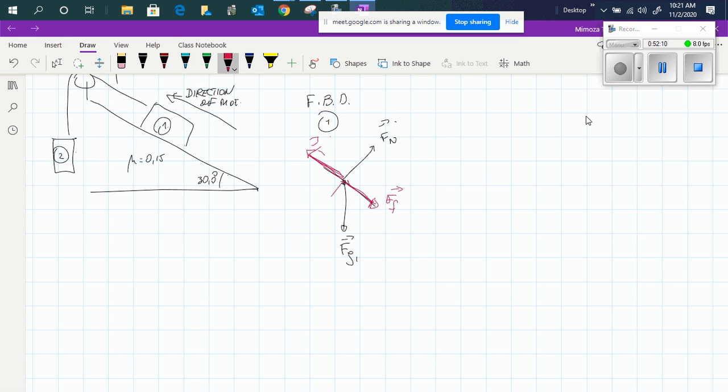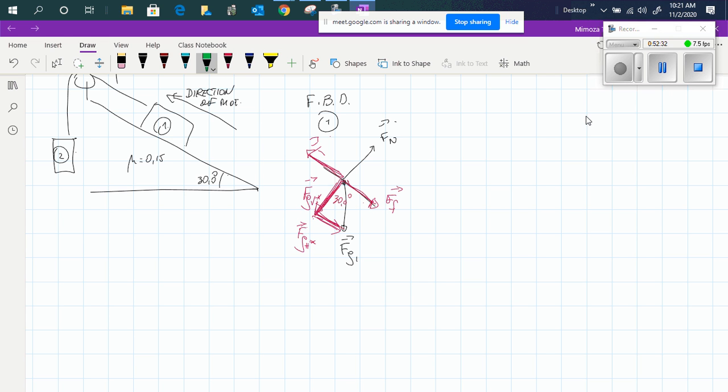And then what you will do is break this into two components, a horizontal component and a vertical component. This being the vertical component of the new rotated axis, and this being the horizontal component of the new rotated axis.